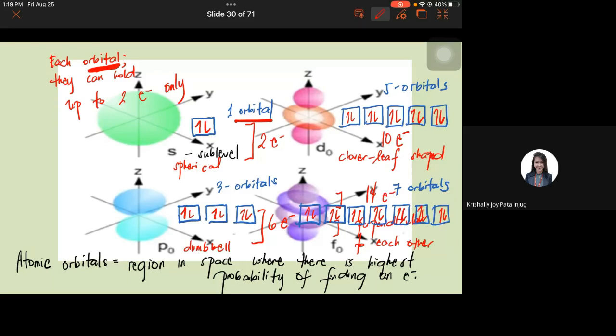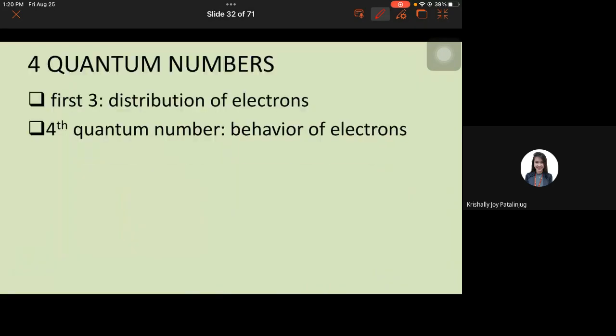So we'll have a thorough discussion later on as I present the different set of quantum numbers for you to better understand why, for instance, an S sublevel has only one orbital, why a P sublevel only has three orbitals, and so on and so forth. Okay, so we actually have four quantum numbers. Particularly, the first three quantum numbers describe the atomic orbital.